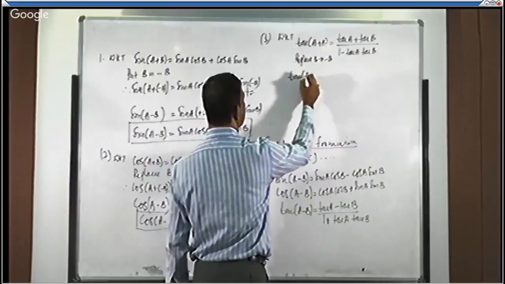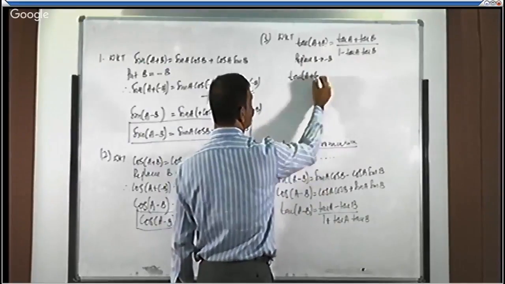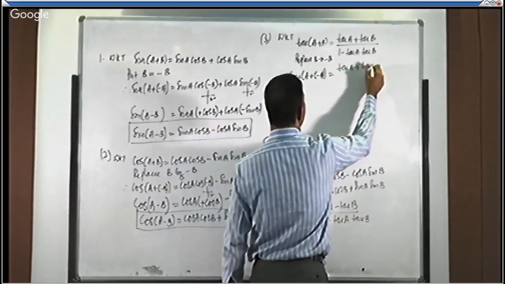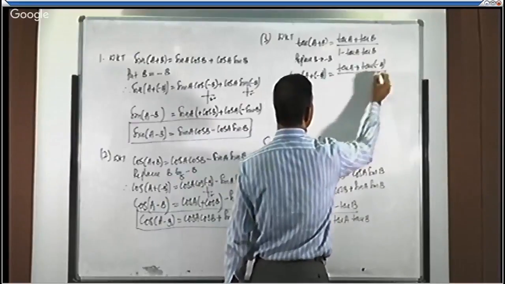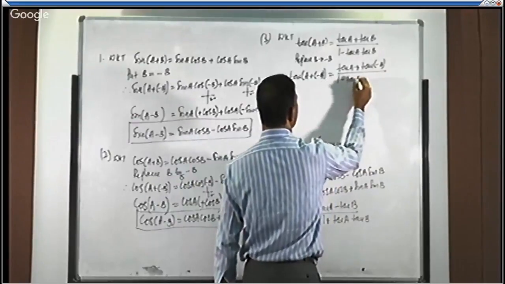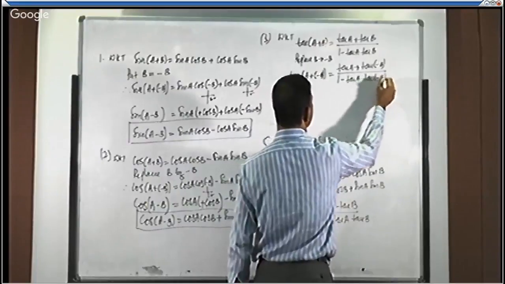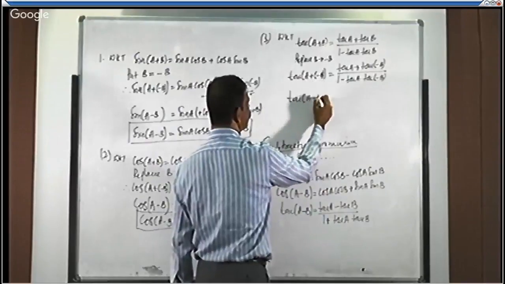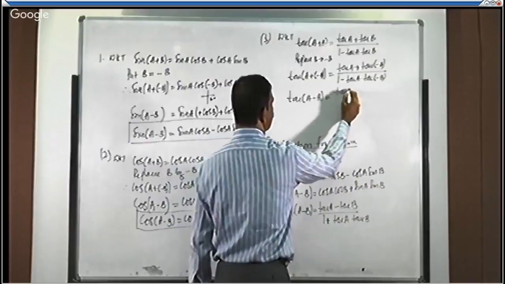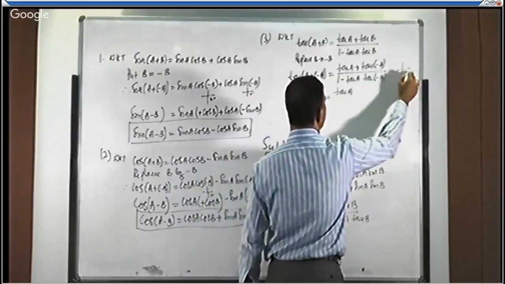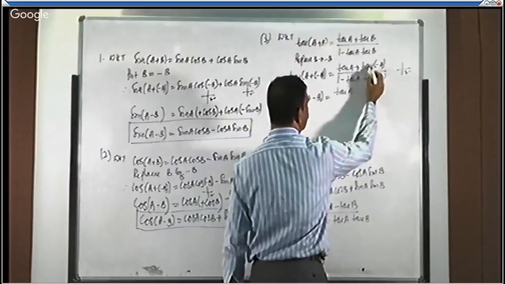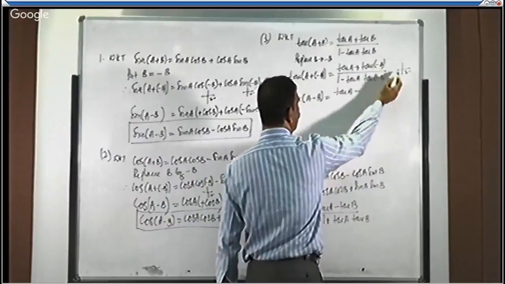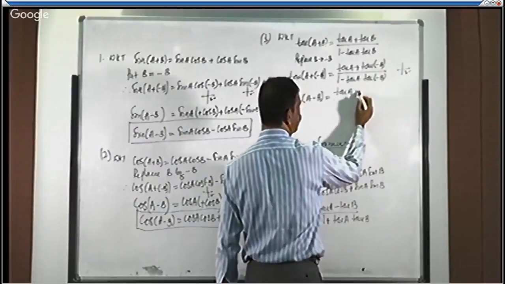Therefore, it becomes tan of A plus minus B is equal to tan A plus tan of minus B divided by 1 minus tan A into tan of minus B. Or it is equal to what? Tan of A plus into minus B is equal to tan A minus B. Which quadrant? Fourth quadrant. In the fourth quadrant, what is tan? It is negative. So that minus into plus becomes minus.